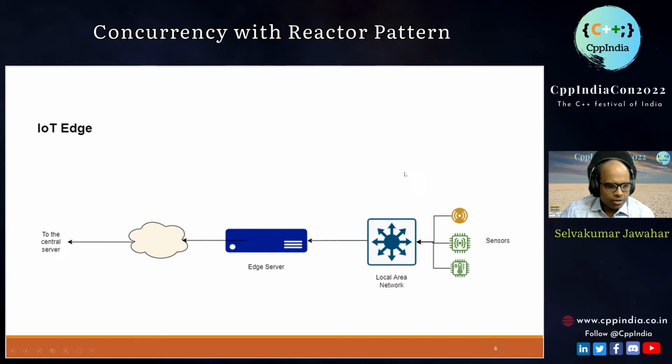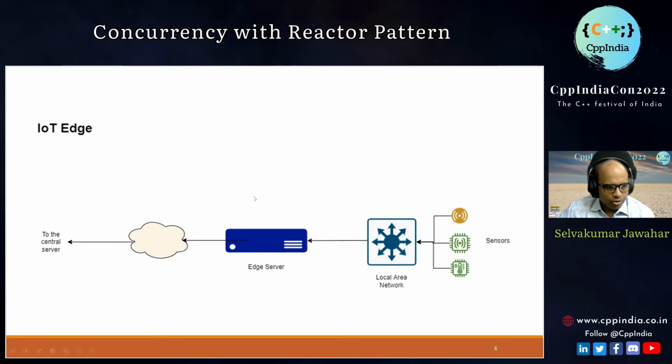These sensors are located in different places in the plant, and they send data to an edge server over the network. What the edge server does is it collects and aggregates all this data, and then it sends this data to the central server. That's what an edge server does.